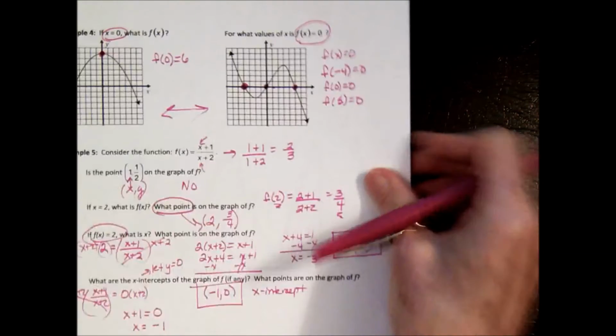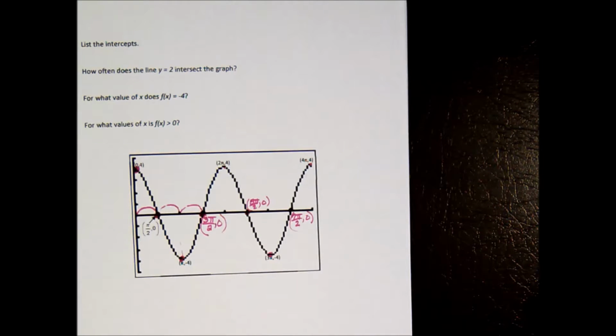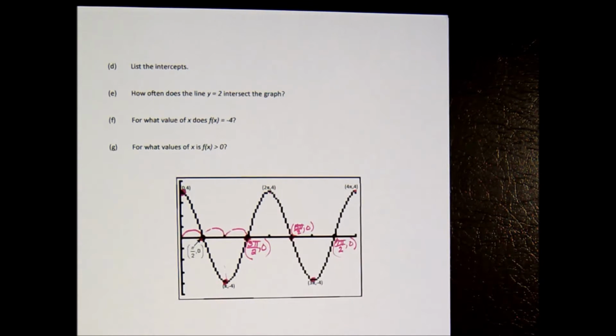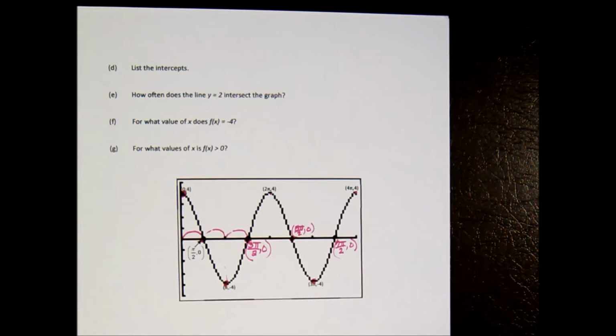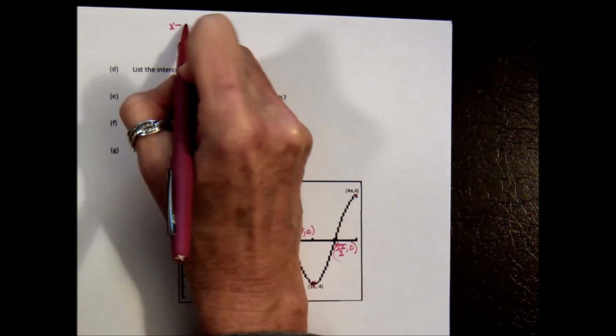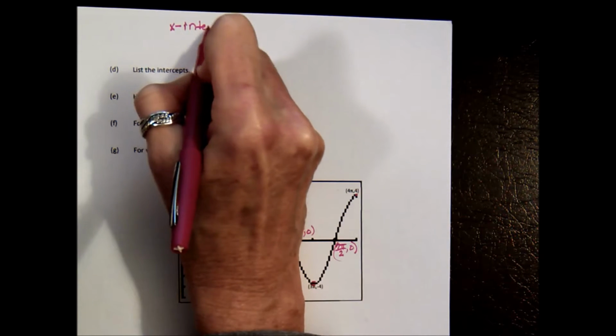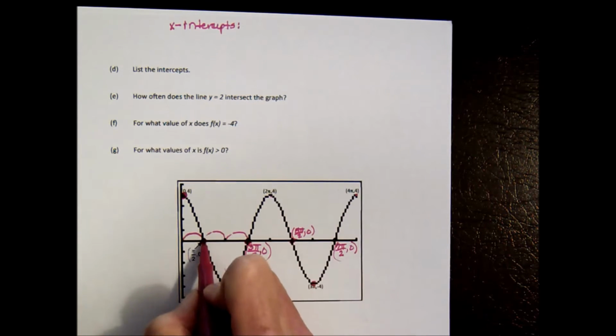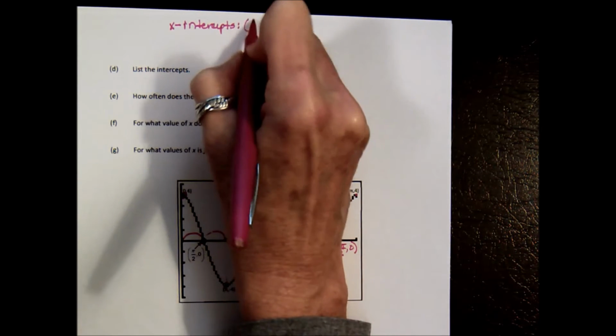Continuing to answer questions about our graph, it says list the intercepts. The y-intercept is usually easier if you're given an equation, but if you're given a graph, you can find both the x and the y-intercept. So I'm going to go up here high because there's several. The x-intercepts are where my graph crosses the x-axis. So here's one, pi/2, 0.